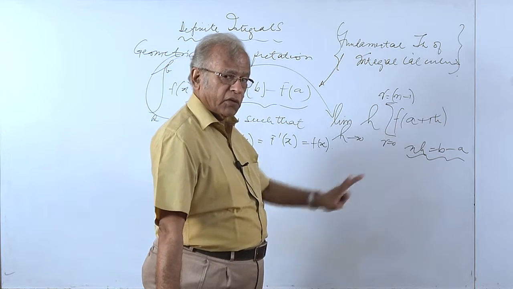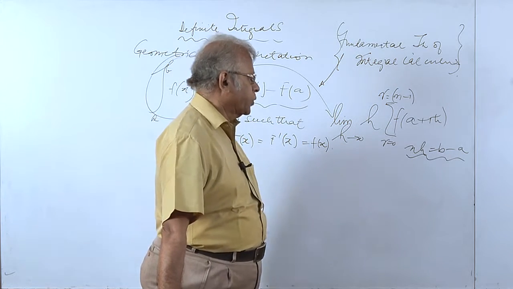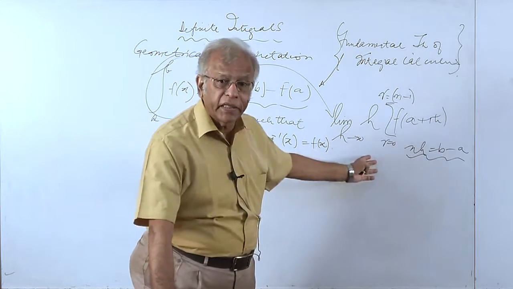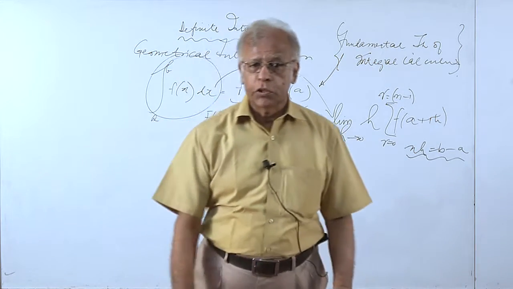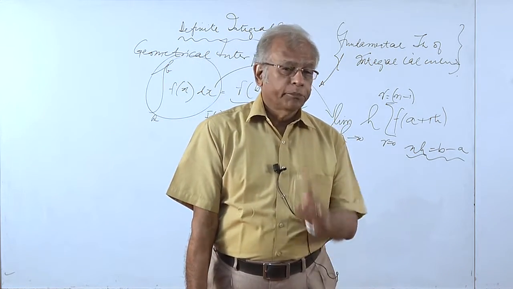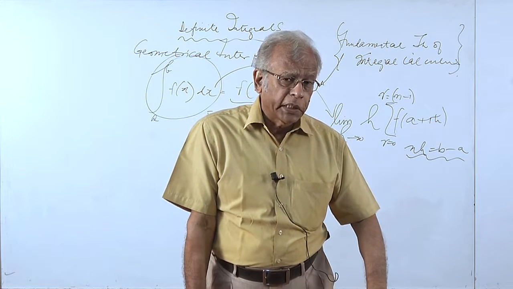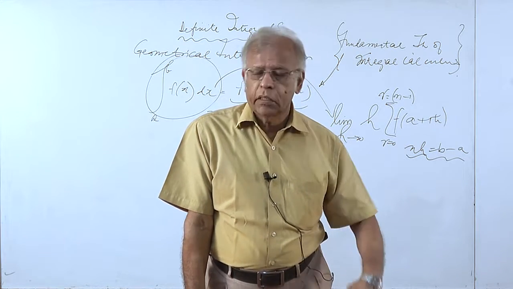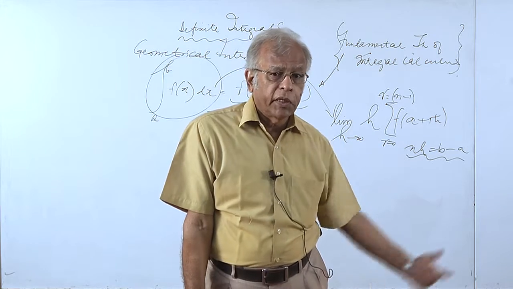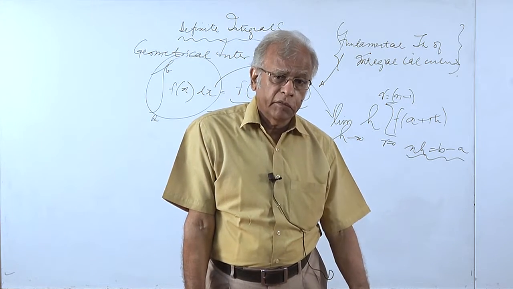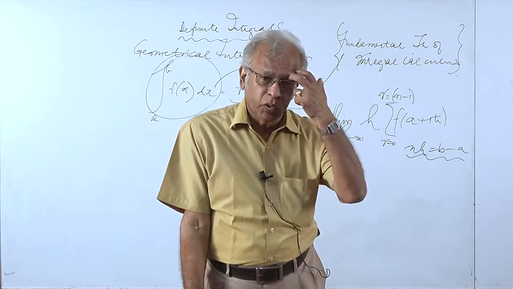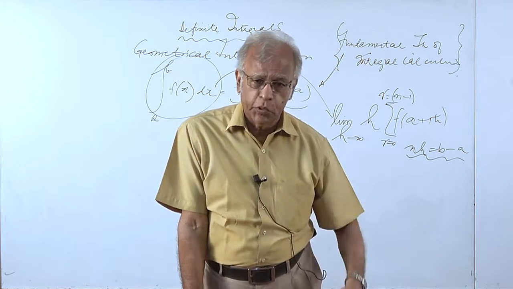Nothing else serves as a definition, and we of course add that provided the limit exists, because in certain situations, we will see when we talk about improper integrals or infinite integrals, that this limiting value may not exist for certain values of f(x), for certain limits. So those are special topics which we will cover gradually.